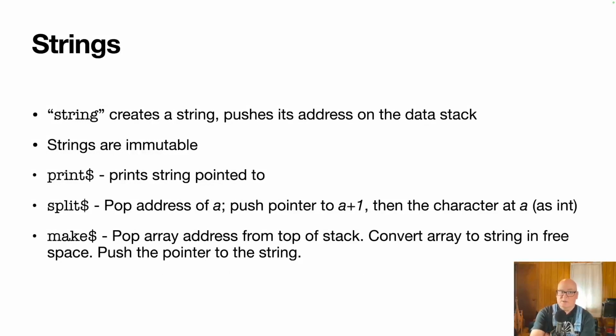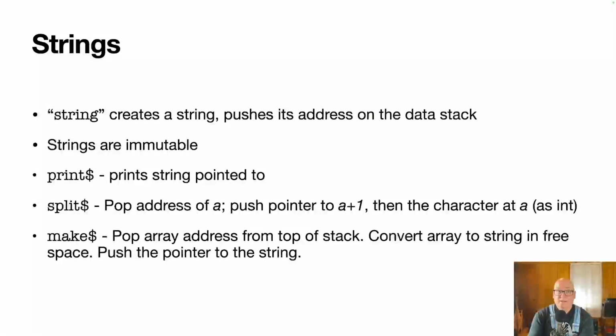If you do quote string, that's something the interpreter or the compiler is going to treat similarly. It's going to create a string in our free space. There's not much difference. It'll have to create the string, adjust the offsets to make sure it's on an even boundary for the next thing that happens, but it'll create the string and then push the address on the stack.